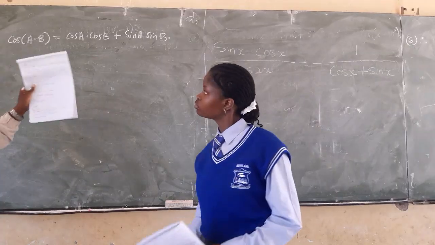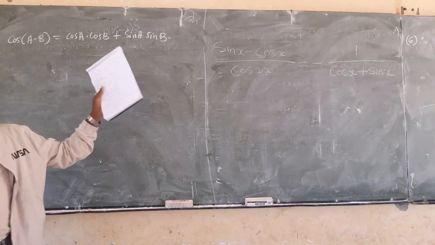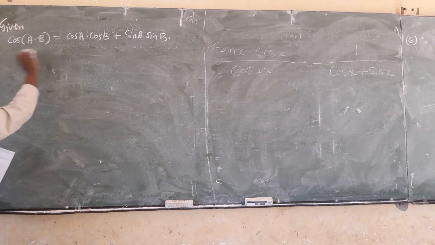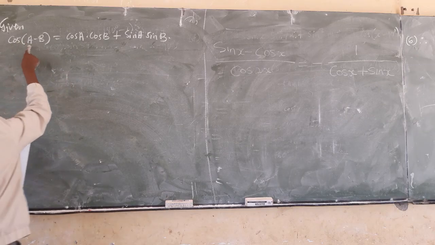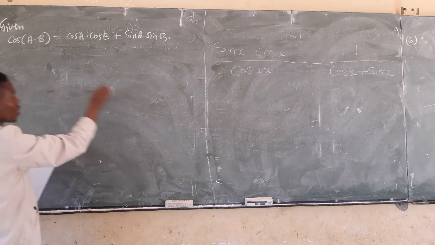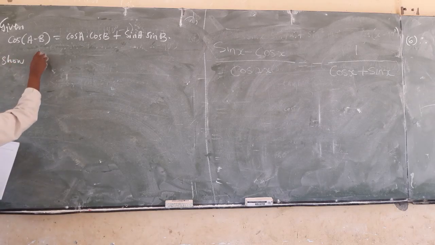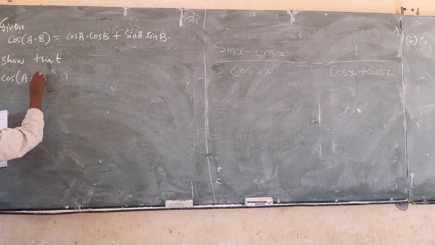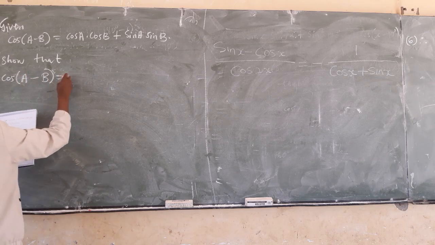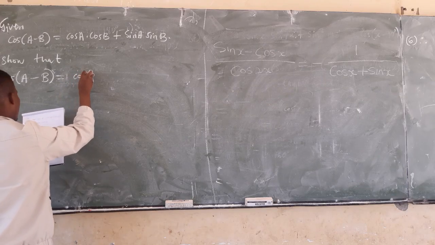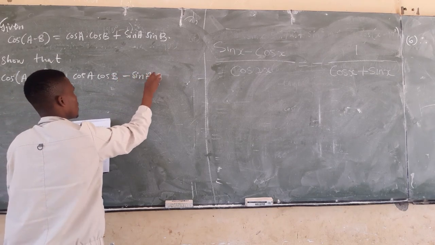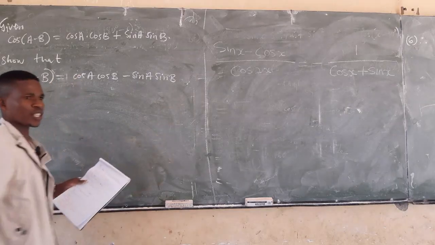They say given this one, show that. This is just a 2 marks question. Given that cos of A minus B equals to this stuff, show that cos of A plus B equals to cos of A cos of B minus sine of A sine of B. Can you see that?